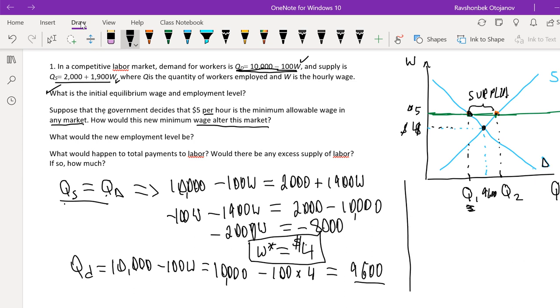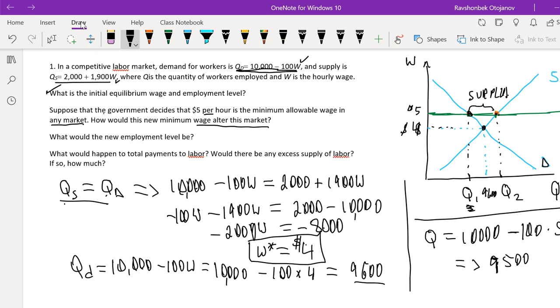So let me solve that. Quantity of people employed, the new employment level, is 100 times 5, so the new employment level is now 9,500. That is the number of employed people now.